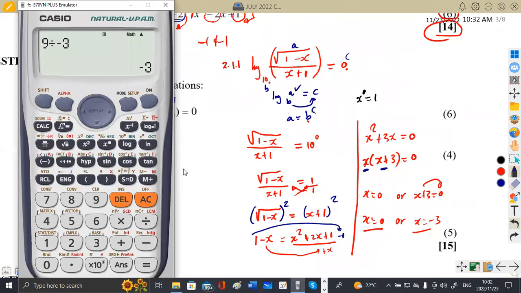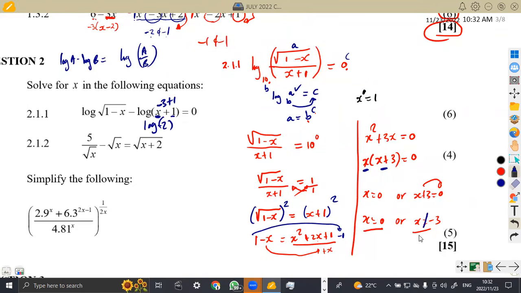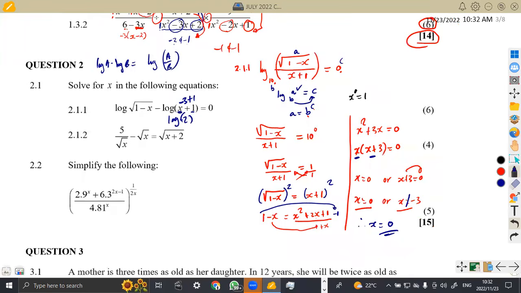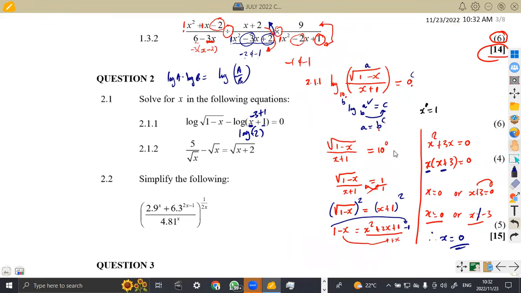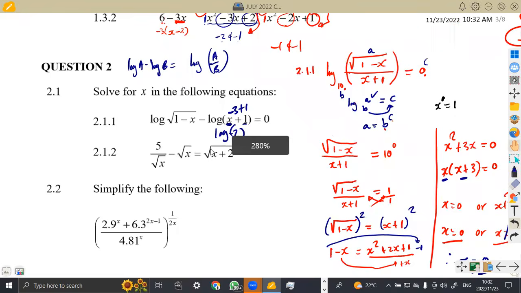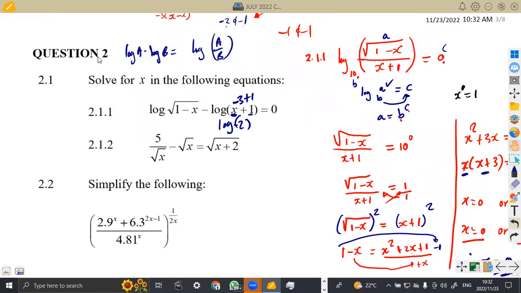Remember, a logarithm can never be taken of a negative like this log -2. This cannot be simplified. So as you can see, x cannot be equal to -3. So therefore, our x is going to be equal to 0. That's the answer that you're going to have. So you can even test your answers after solving, substitute your values and see if they actually make sense from the given question that you have.